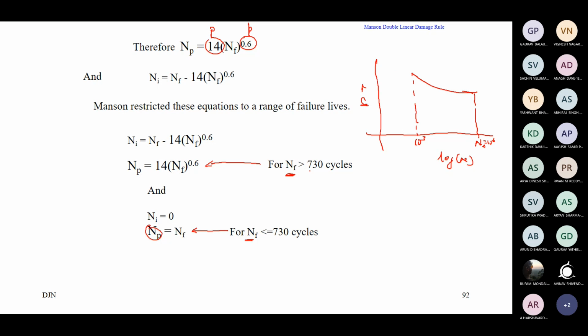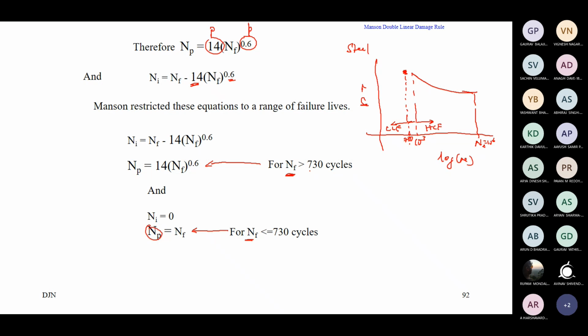Where we say high cycle fatigue regime is greater than this, HCF, and low cycle fatigue regime is below. 730 is somewhere close to 1000, somewhere here on a logarithmic scale. So this is your 730 number of cycles. If the component has to fail within 730 cycles for steel material. So what discussions are we having? All for the steel material in this case, because these constants 14 and 0.6 are for steel.